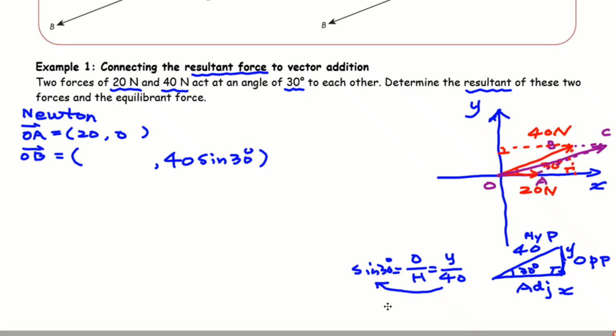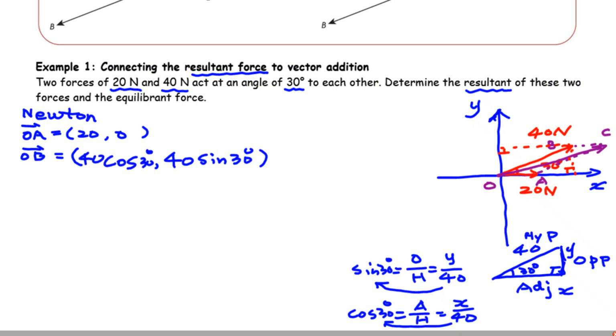For the x direction, it's adjacent over hypotenuse. Adjacent is x, hypotenuse is 40, and adjacent over hypotenuse is cosine 30 degrees. In order to solve for x, we move the 40 to the other side, it's 40 times cosine 30 degrees.